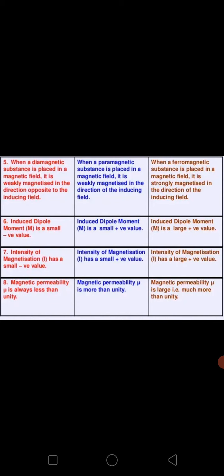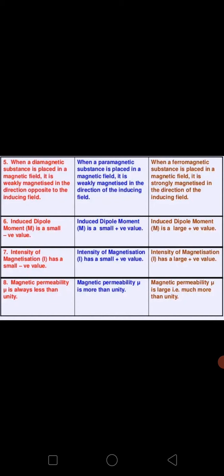Induced dipole moment in a diamagnetic substance, that is capital M, has a small negative value, because there is no permanent dipole moment in the diamagnetic substance. But for the paramagnetic substance, when you place it in the magnetizing field, they have a permanent dipole moment.